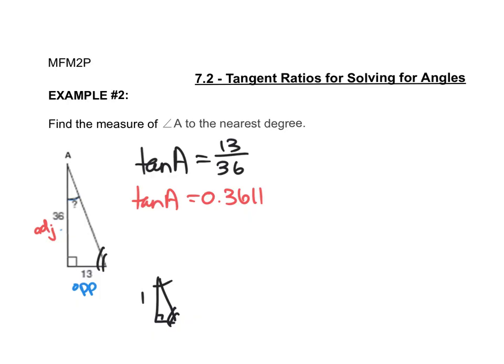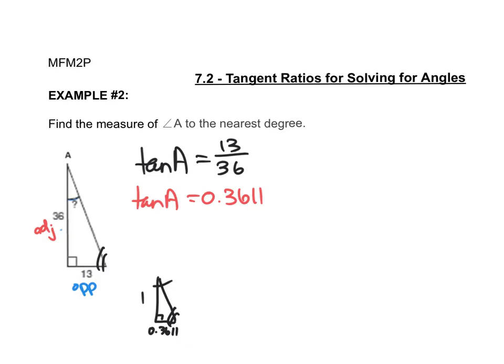Even though I don't know what the angles are, I'm telling you that they are the same. That means that the length of this side would be 0.3611. And this is the whole basis of trigonometry, is that similar triangles always have the same relationship between the two sides when given the same angles.